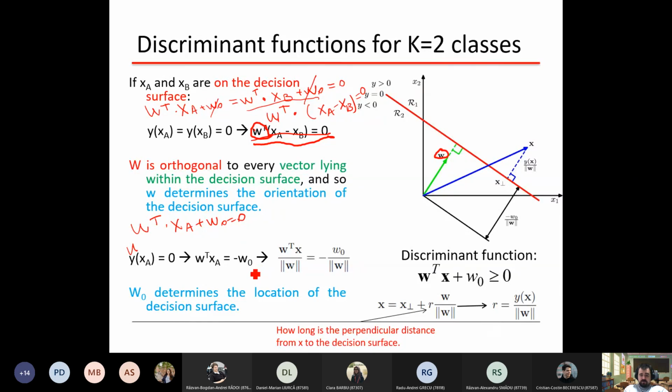So we take a point from the decision surface. And it means that y of xa equals to 0 because the point is on the decision surface. And it means that W transpose multiplied by xa plus W0 equals to 0. If we take W0 on the other side, we obtain this formula. And then, from here to here, all we had to do is divide both sides, left and right, by the norm of W. Why did we do that?